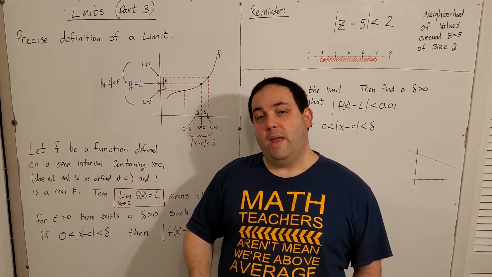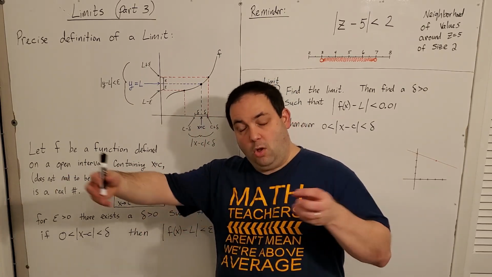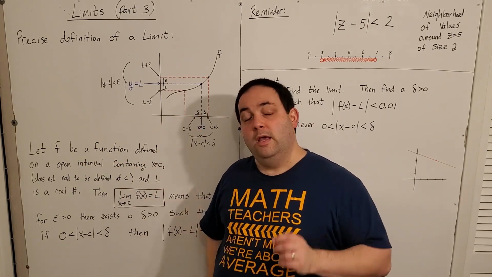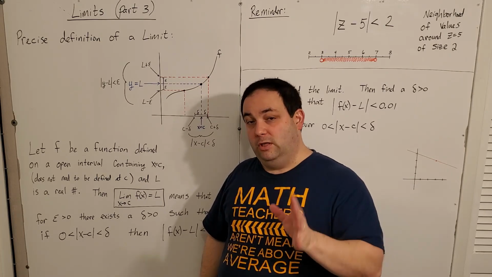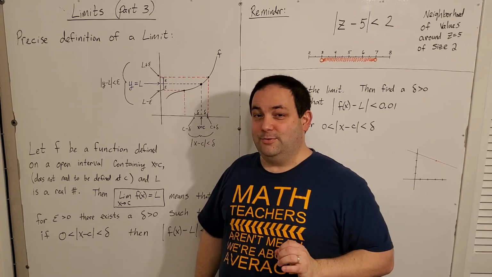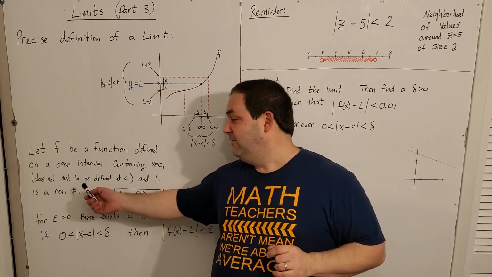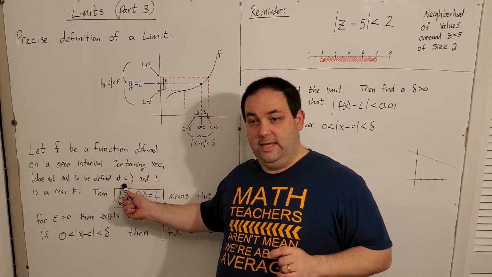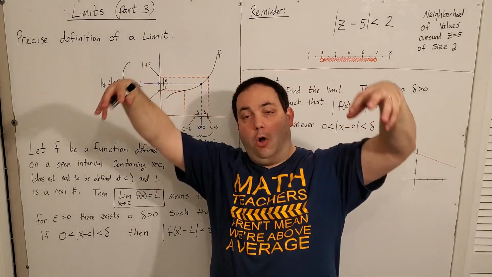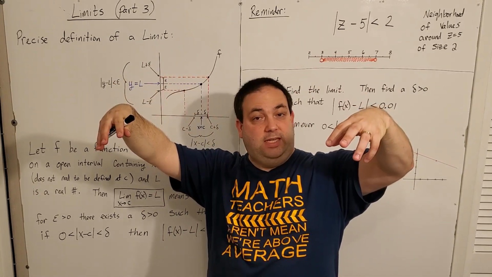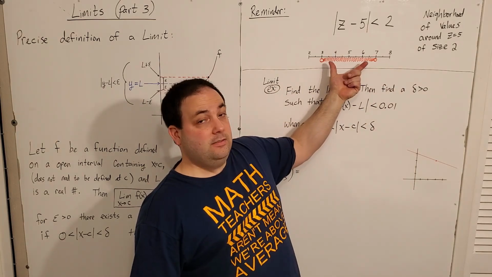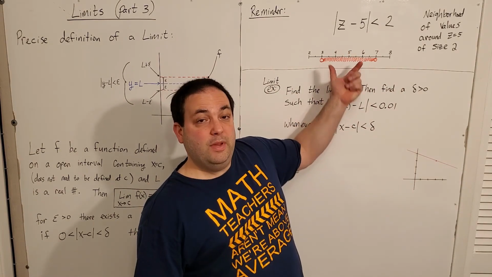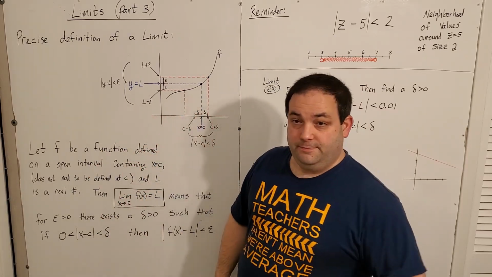I just mean that the domain needs to be something that's all connected, and I also want it to contain the point. Now the function itself, remember, for limits, I don't actually have to have the function defined at the point c, but it needs to be defined on all of the points in the interval around c. So kind of like this. It didn't have to be defined at 5, but I want it defined in some interval all around 5.